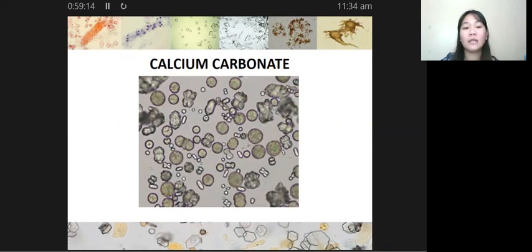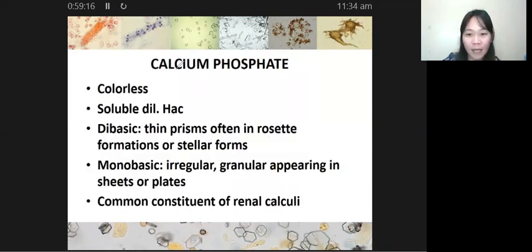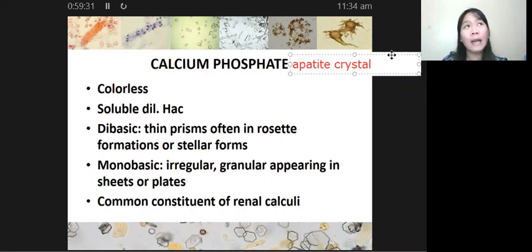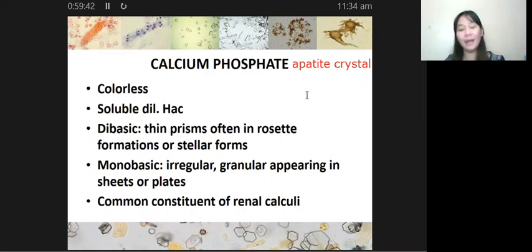So next naman, we have your calcium phosphate. Your calcium phosphate class, this is otherwise referred to as your apatite crystal. In conjunction with, of course, magiging future RMTs tayo, alam nyo sa board exam, ang ginagamit nilang mga terms ay yung mga trivial terms, like for example, whewellite, apatite.